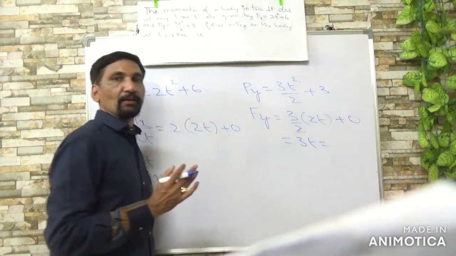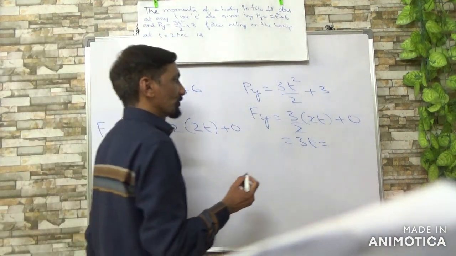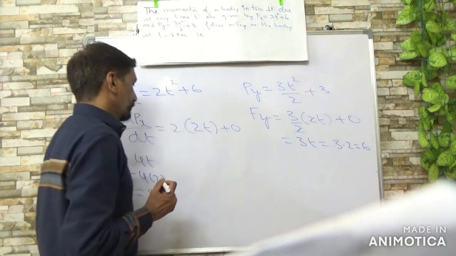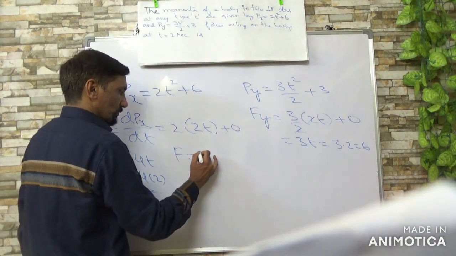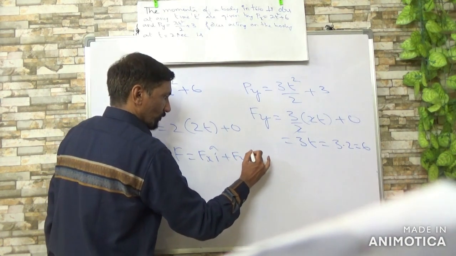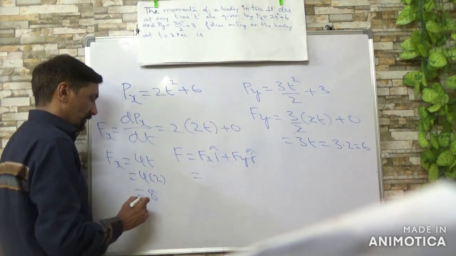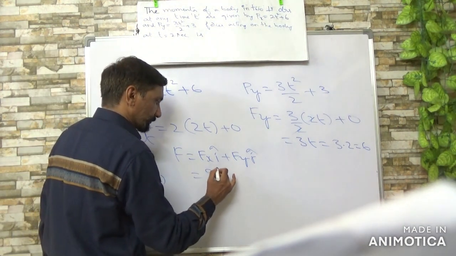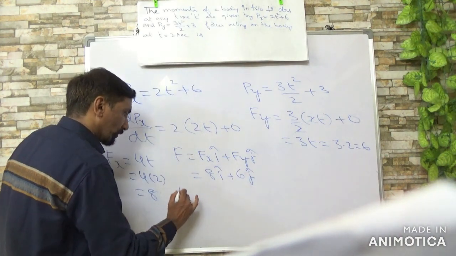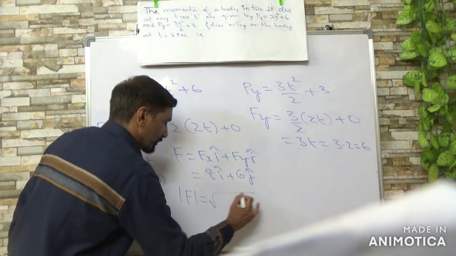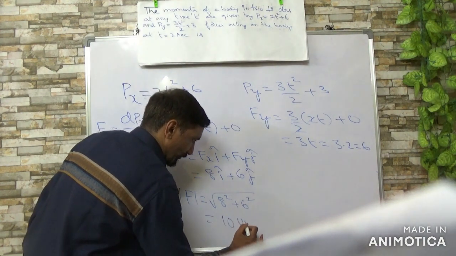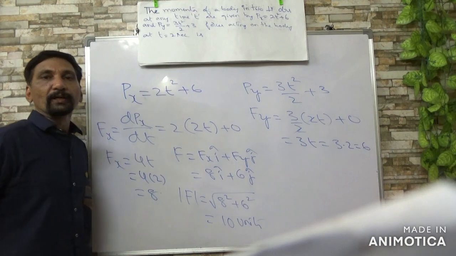You are finding the force after 2 seconds, so 3 into 2 is 6 units. So the force along the x direction is 8 units and along the y direction is 6 units. Therefore, the magnitude of force will be the square root of 8 square plus 6 square, so 10 units.